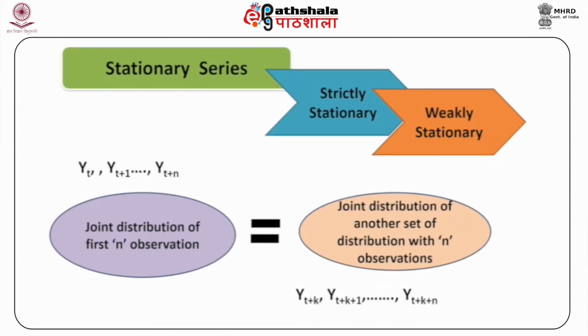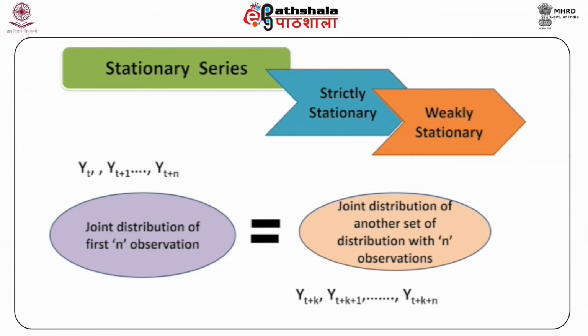A stationary time series is further classified as strictly stationary and weakly stationary. Strict stationarity is an extreme form of time series phenomena. It takes into consideration the joint distribution of variables over a period of time.